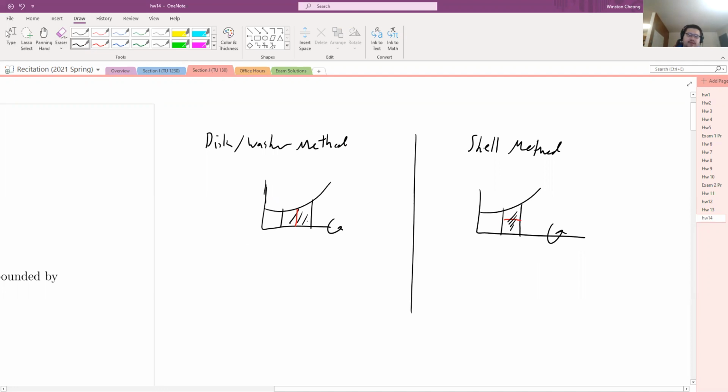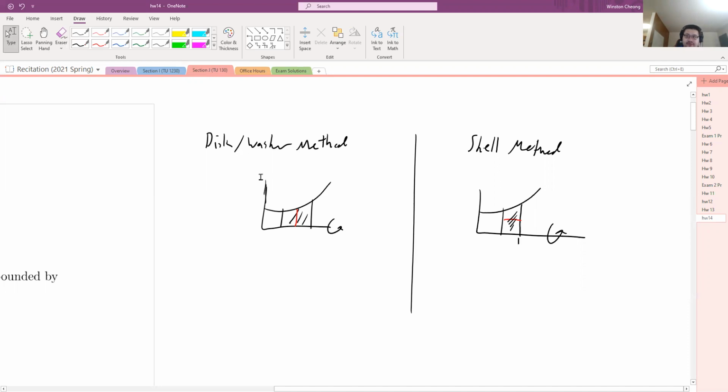You really want to trace out this red segment and imagine what happens when you rotate that red segment according to these axes. In the left case, what you get when you trace it out is a solid disk, or you could get a washer if, say, the bottom doesn't line up perfectly with the axis.